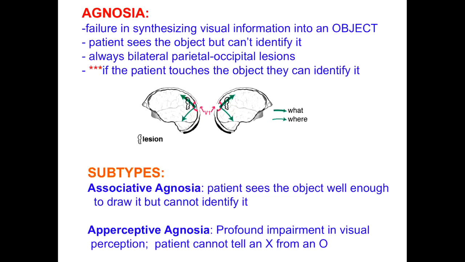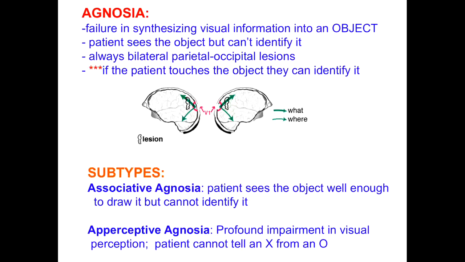These cases are not that common, although you can see this in Alzheimer's. Most present in the temporal lobe with amnesia, but there are cases I've seen, and Bill Jagus, my colleague, has seen even more, who present with a posterior presentation with visual agnosia. If the patient touches the object, they can identify it.